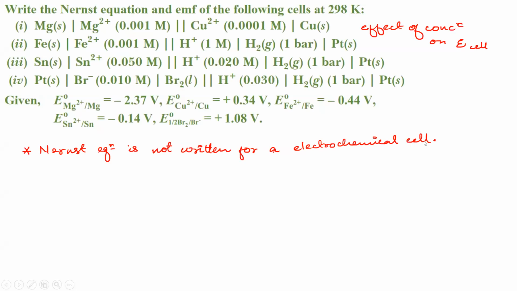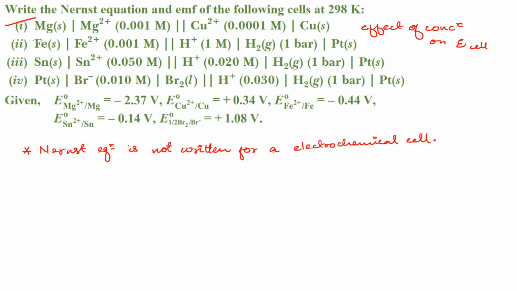So the Nernst equation is never written for an electrochemical cell. This will seem a bit ironic and very opposite, but please remember, a Nernst equation is never written for an electrochemical cell. If an electrochemical cell is given, you will never write the Nernst equation for it directly.